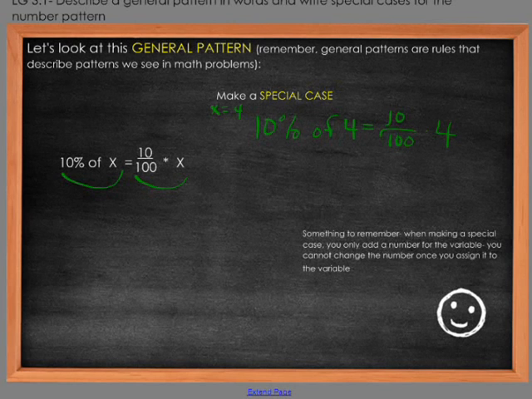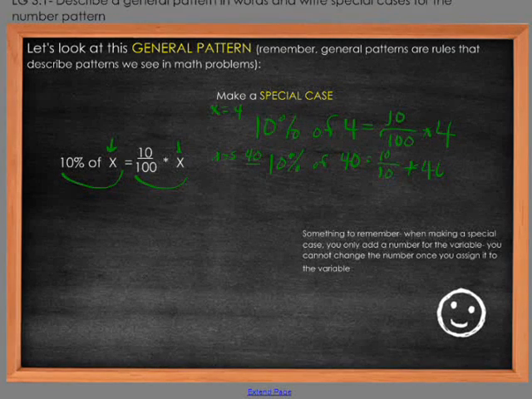Okay? Let's say for the second time, I want to use 40. I then take 40 and substitute in for my variable. 10% of 40 equals 10 over 100 times 40.